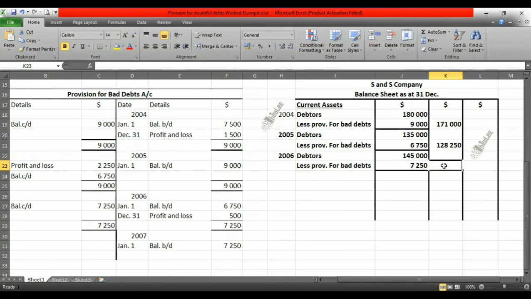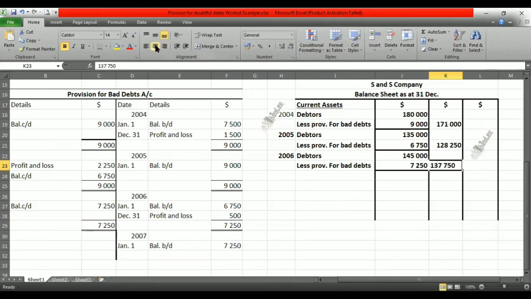Now, we need to find the difference between the 145,000, which was our debtors balance, and the 7,250, which is our provision for bad debts balance, and that gives us $137,750.